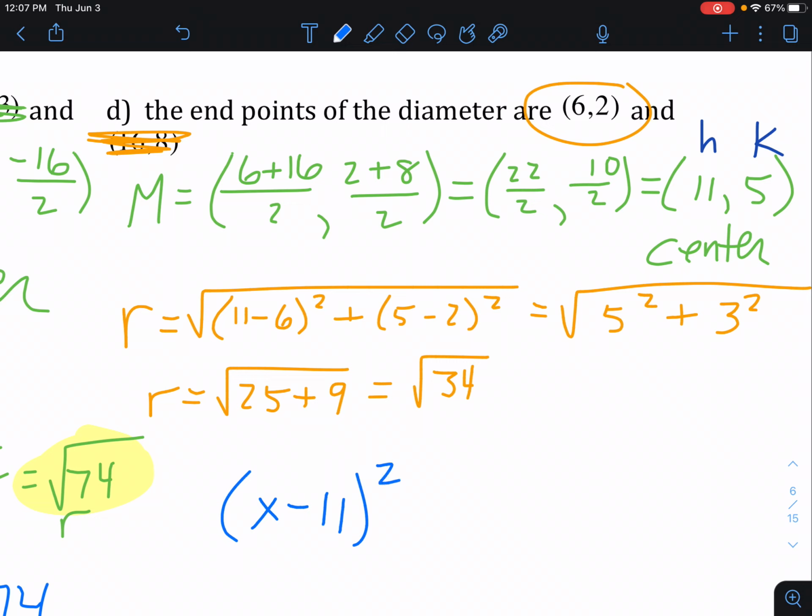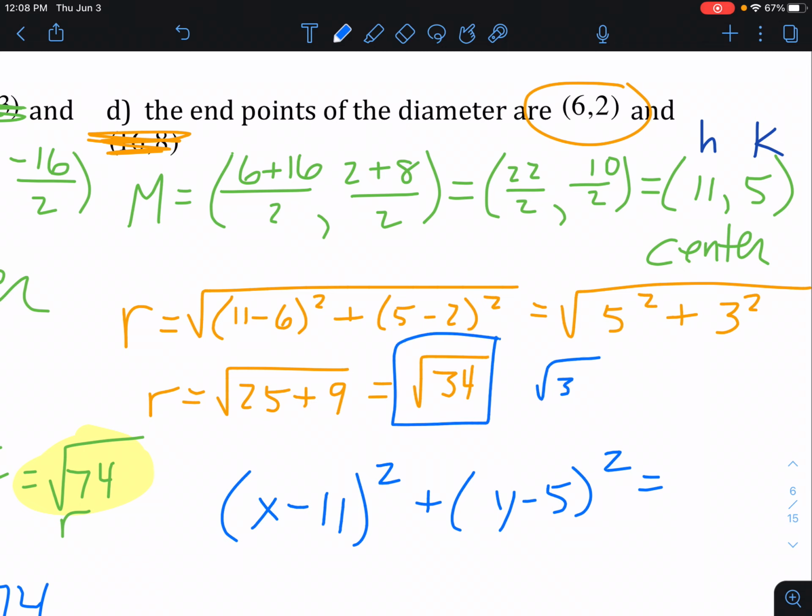So x minus 11 squared, then plus y minus k squared, so that's y minus 5 squared, and then equals your r squared. Now careful here, the r is square root of 34, so square root of 34 squared, the radical cancels, and so you're just left with the integer 34.